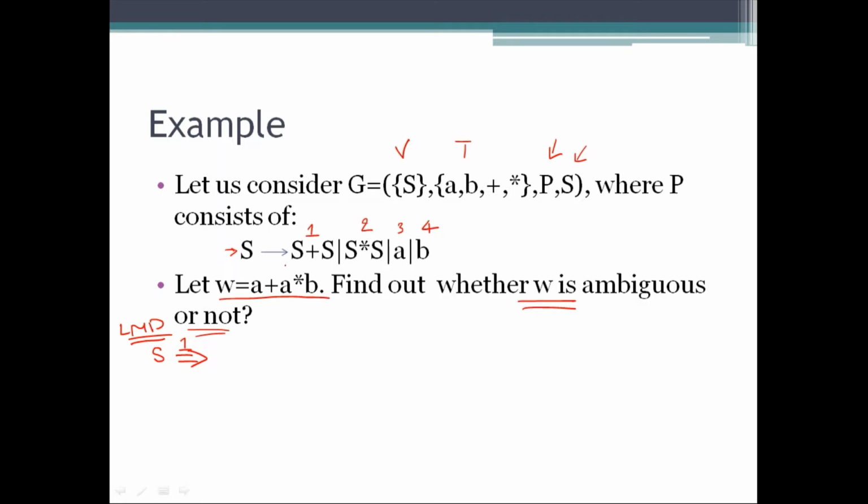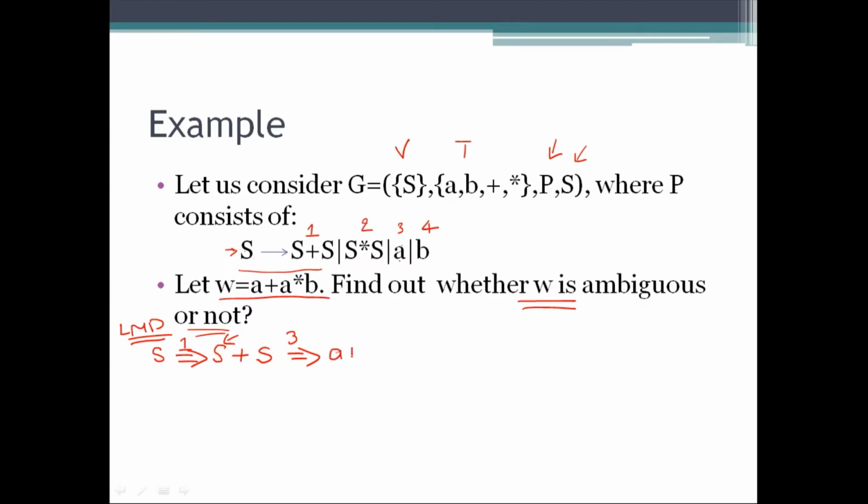The first production rule is S is rewritten as S plus S. Next, this is going to be the leftmost non-terminal, so we use production rule 3, S is rewritten as A, to replace this leftmost variable.